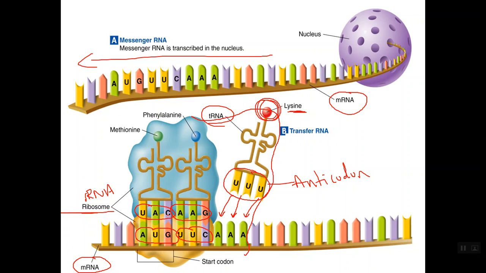UAC and AUG is specific to methionine. AAG and UUC are specific to phenylalanine. That's how the cell, quote unquote, knows which amino acids it needs. It's all based on the codon and the anticodon matching up.